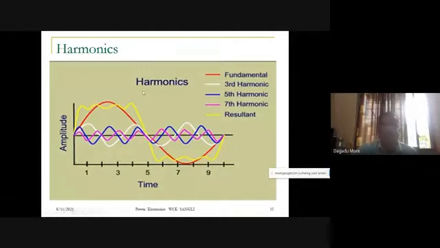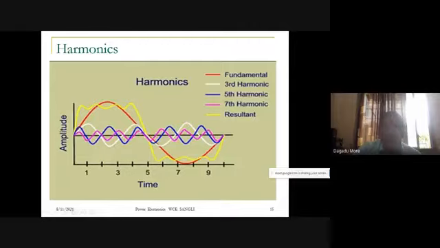This non-sinusoidal current can be decomposed into sinusoids. The yellow current is decomposed into a fundamental, which is the red waveform, having the same frequency as the non-sinusoidal current. Then the third harmonic has a frequency three times that of the fundamental; that is the white waveform.